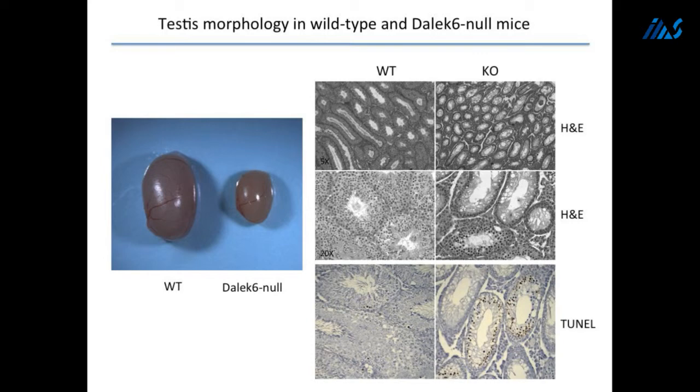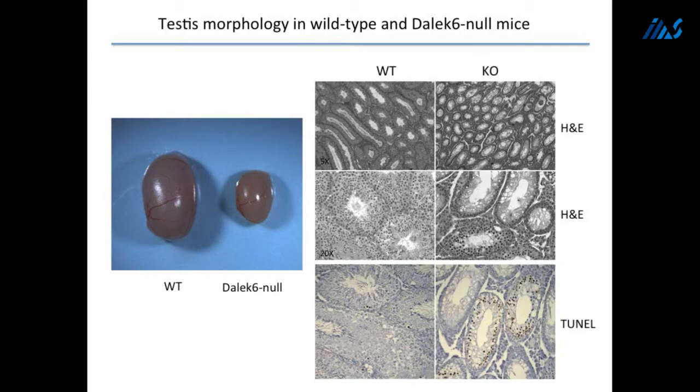In histological sections, you can see that while the wild types have normal-looking seminiferous tubules full of mature sperm, that's not the case for the knockouts. There's no evidence of sperm cells or spermatids whatsoever. In fact, many of these tubules look strangely small and largely acellular, with not much in the lumen.